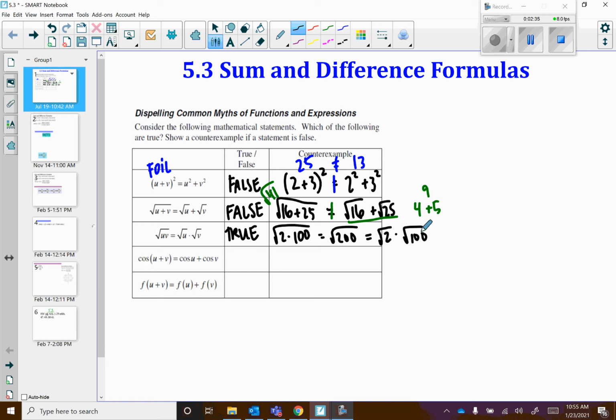To show that that's true, I could type all those into my calculator and show you that they're all the same. I'm not going to do that in this moment. But then we've got two other ones. And these are less common myths, I guess, ones that you might not be as familiar with.